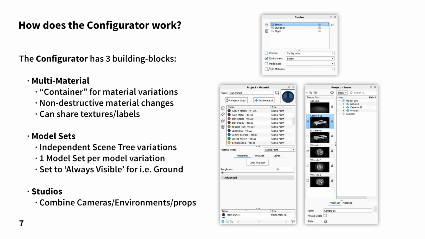And then finally, you can include props as model sets if you have, say, a background or some kind of physical geometry as your environment or your scene. You can swap those out using studios as well.